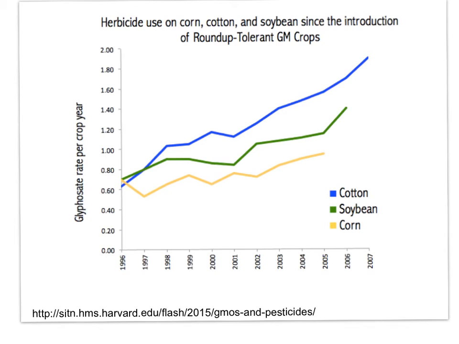But a downside of growing crops that are resistant to an herbicide is that farmers can use more of the herbicide to kill off the weeds. Here is a graph that shows the rate of glyphosate use, this is the herbicide, since the introduction of Roundup-tolerant plants. The graph suggests a positive correlation between the use of herbicides, glyphosate, and the introduction of genetically modified Roundup-tolerant crops.